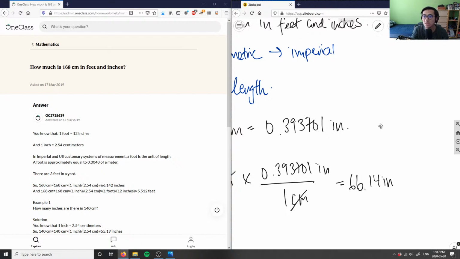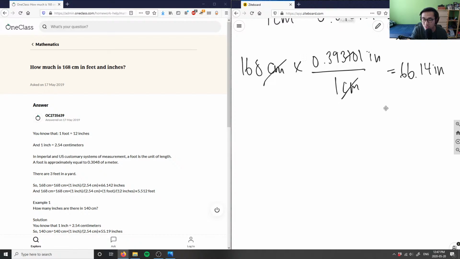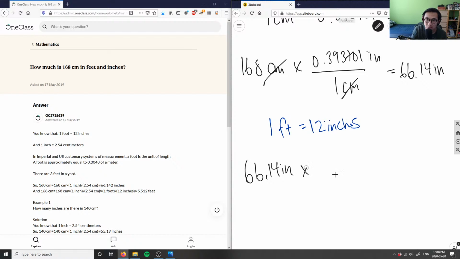And what we can do with this is we can convert this into feet and inches, right? So I know now, because I'm in the imperial system, that 1 foot would equal 12 inches. So knowing this conversion, I can figure out this conversion as well, right? So I can say that 66.14 inches times, in 1 foot, I have 12 inches, right?